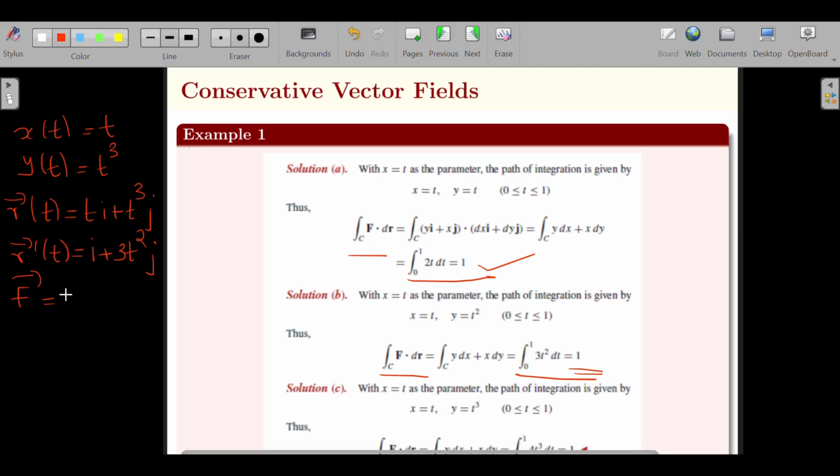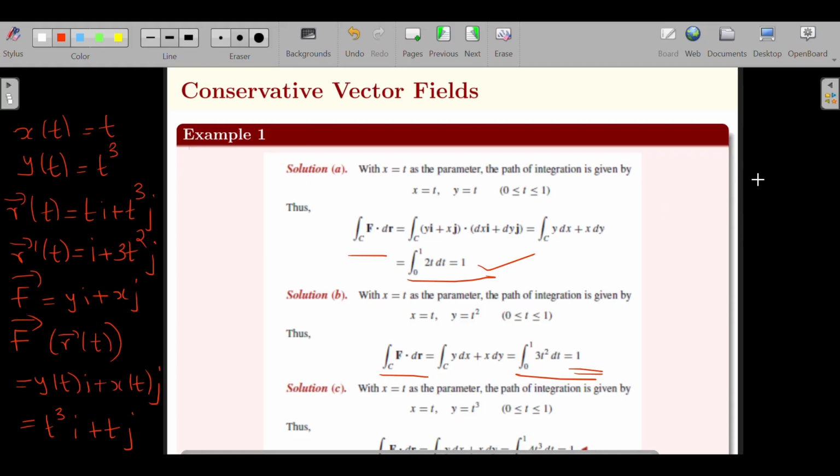We have f equal to y i plus x j. So f of r of t, let me write this as f of x of t, y of t, is equal to y of t i plus x of t j. This is equal to t cube i plus t j.